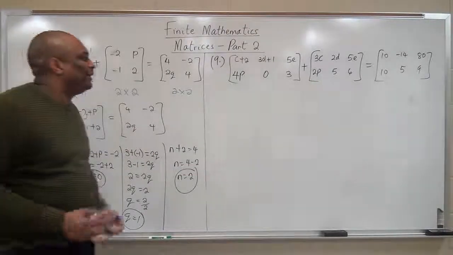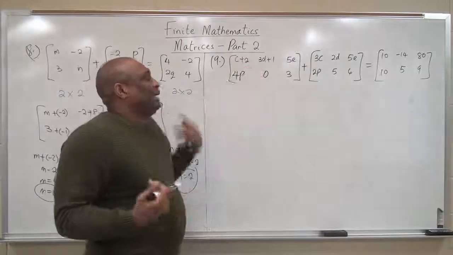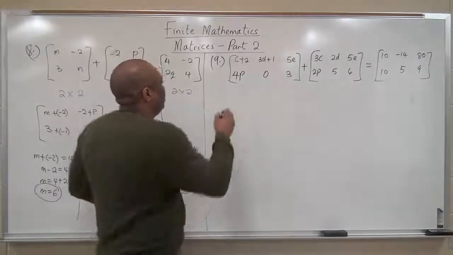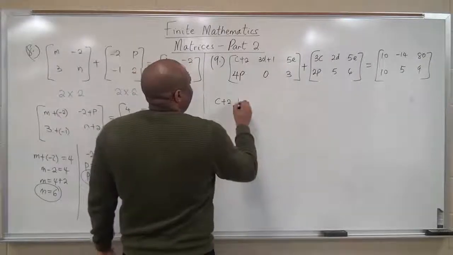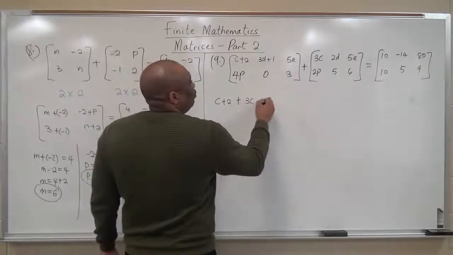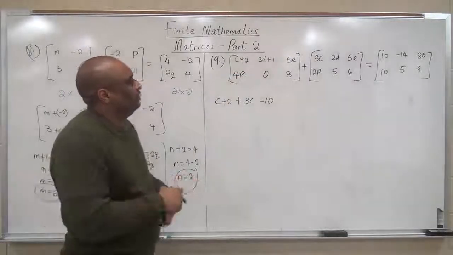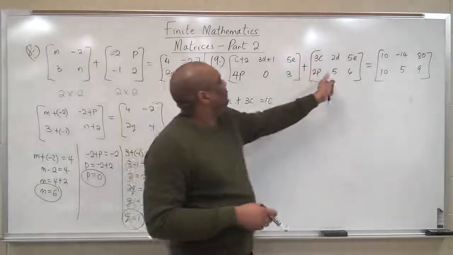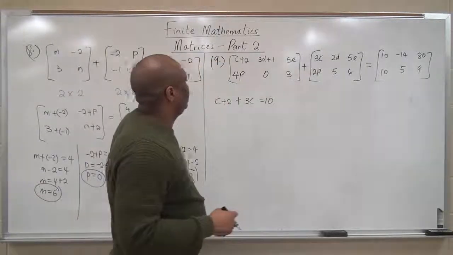It doesn't matter. C plus 2 plus 3C will give us 10. But now, if you have minus here, just be careful. That's the only thing I would suggest.